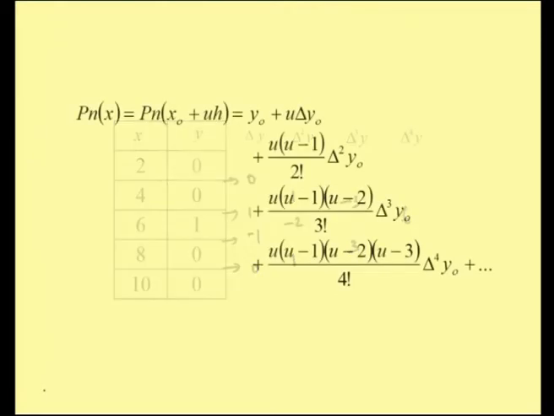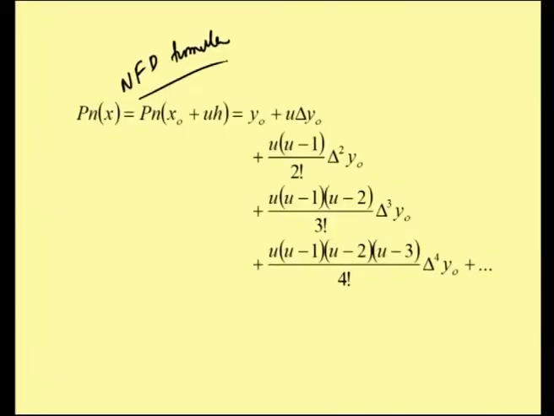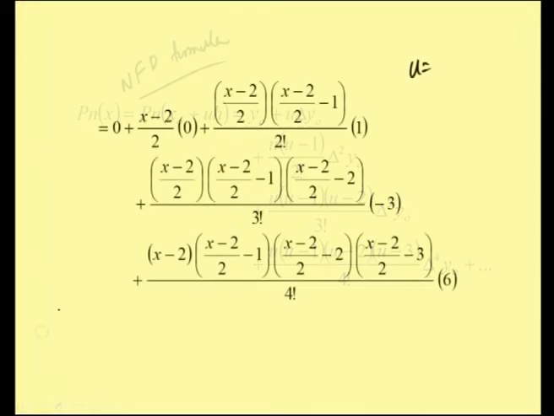So, Newton's forward difference formula is written. The only thing is that in the place of u we usually substitute the corresponding x value for which y has to be found out, but here x will be kept as x itself, that is all. So, u is equal to x minus x naught by h. X naught is 2 and h is also 2. So, u is equal to x minus 2 by 2.